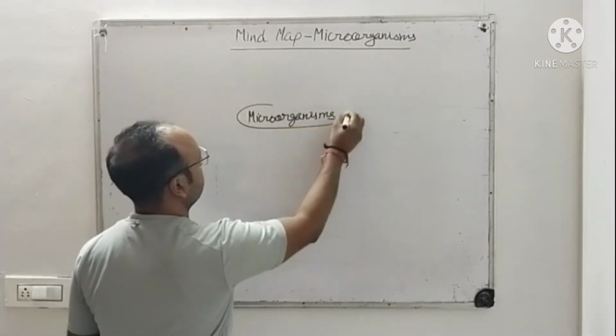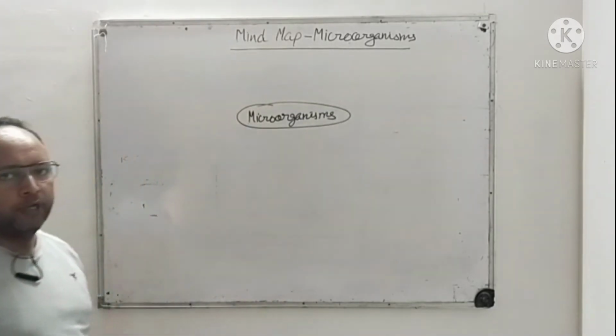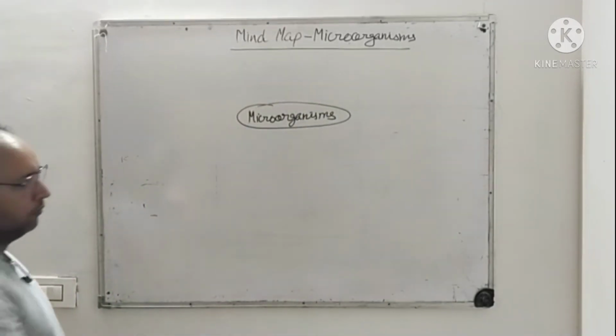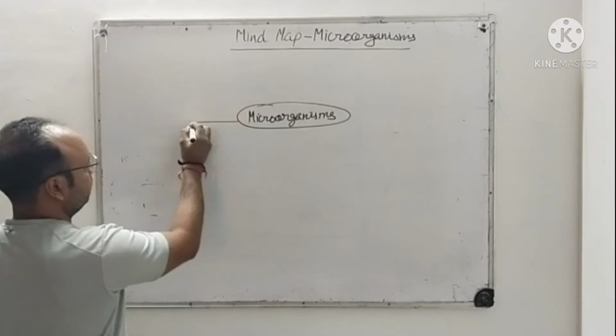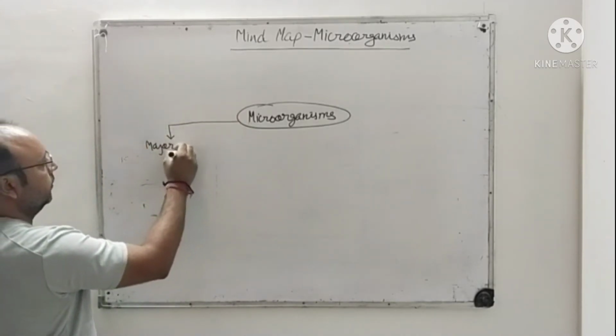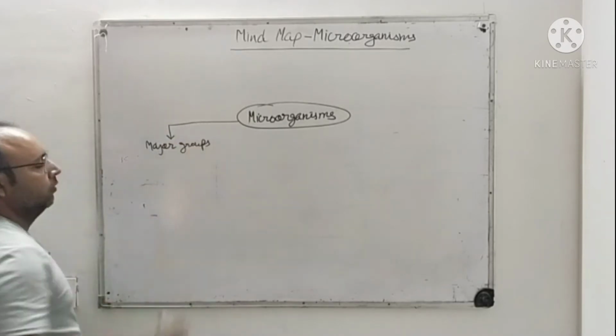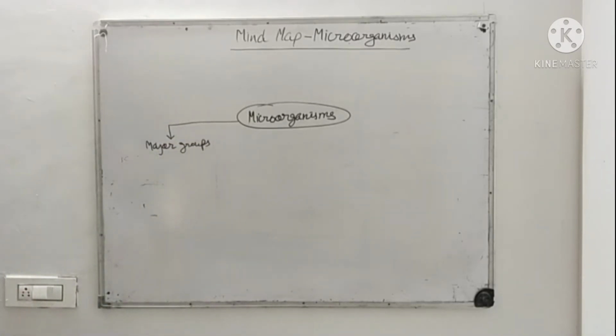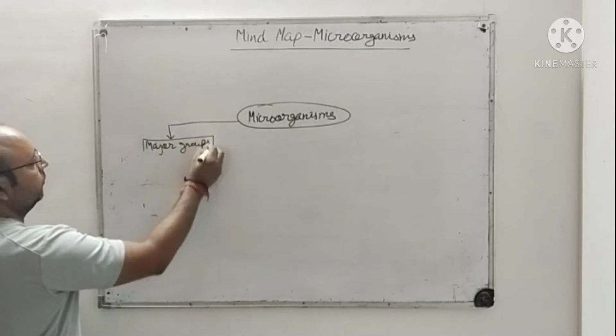We know that friend and foe. So first of all, we studied about the major groups. What were the major groups of microorganisms in this chapter?